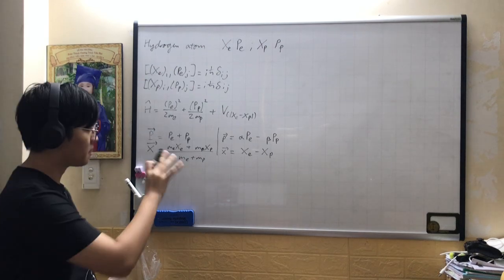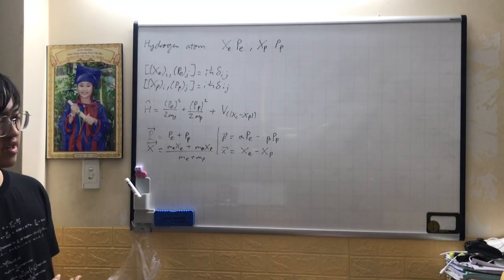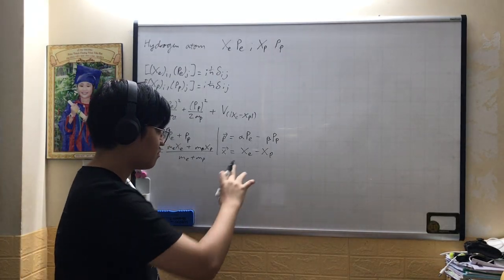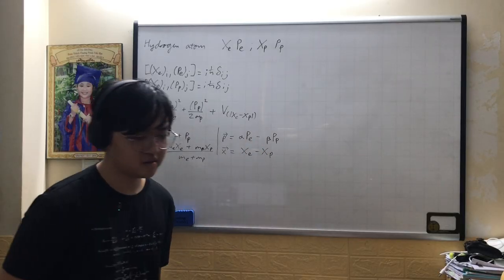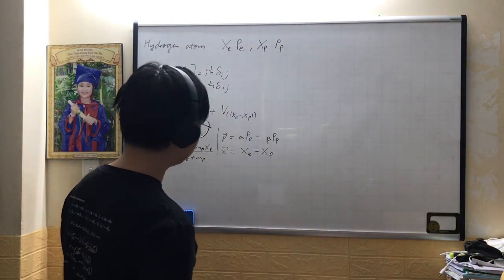Okay, so once you have this, there are two things you can derive to solve for alpha and beta, because you want to know what they are in this system.